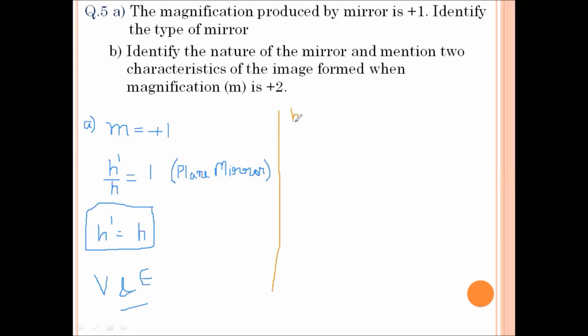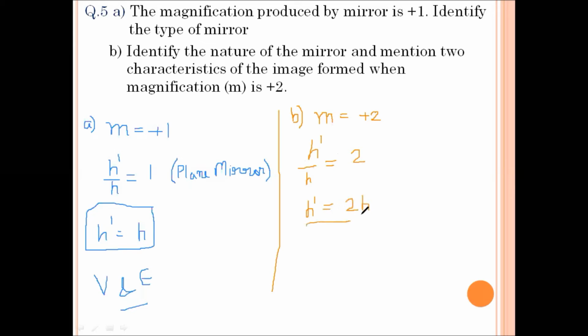Part B. Identify the nature of the mirror and mention 2 characteristics of the image formed when magnification is +2. So we have been given magnification equal to +2, that is h dash by h equals +2, or we can write h dash is equal to twice of h.